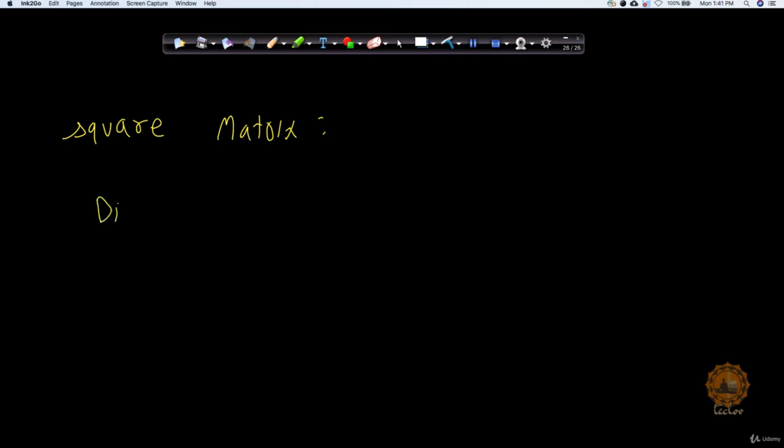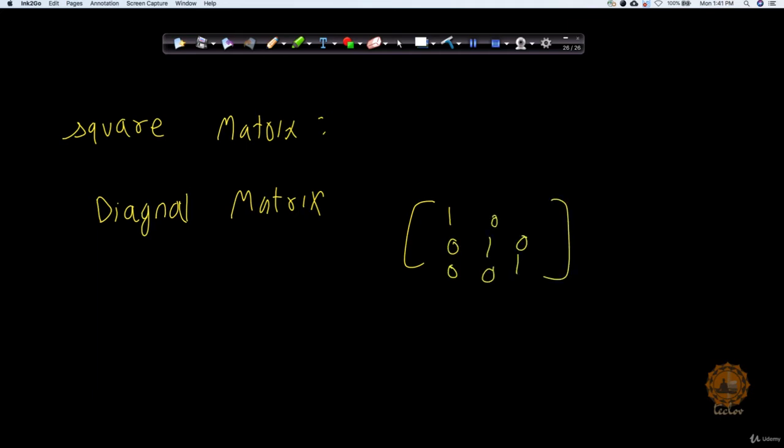Similarly, we have something called a diagonal matrix. A diagonal matrix basically means that in the diagonal elements we have the values as 1, and in all the remaining places we have 0. Similarly, we have an identity matrix. In an identity matrix also, all the diagonal elements are going to be 1.